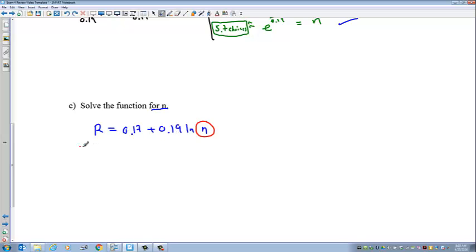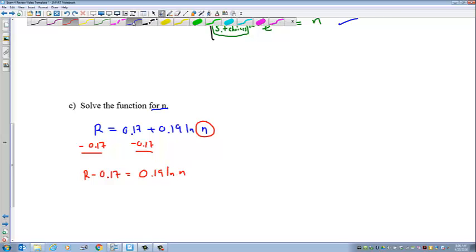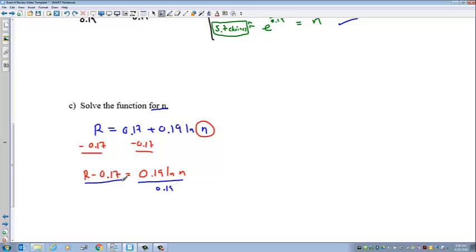So let's do that. So you would subtract 0.17, and we sort of did this above when we solved the equation, really. So you subtract 0.17 from both sides. So r minus 0.17 is equal to 0.19 ln of n, and then we're going to divide out by the 0.19. Still trying to solve for that n, and we'll get r minus 0.17 all divided by 0.19 is equal to ln of n.